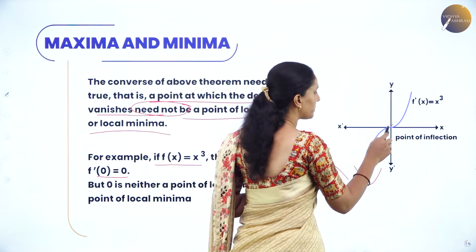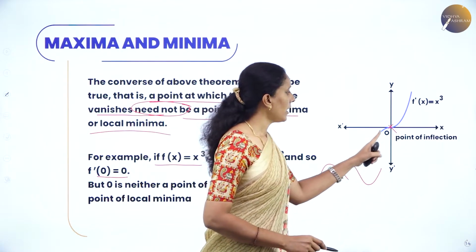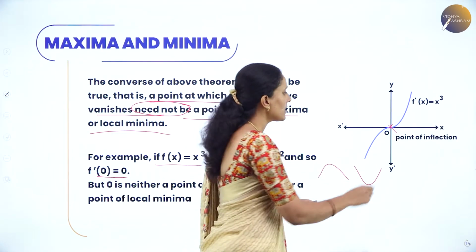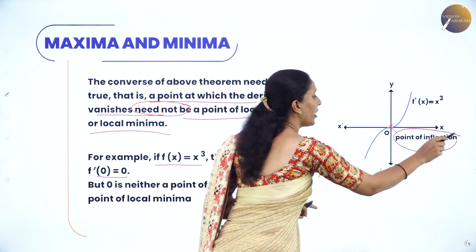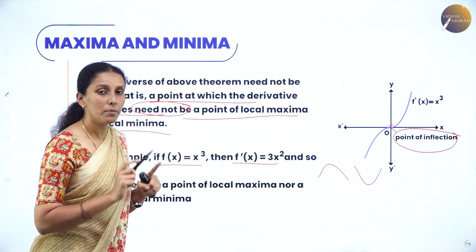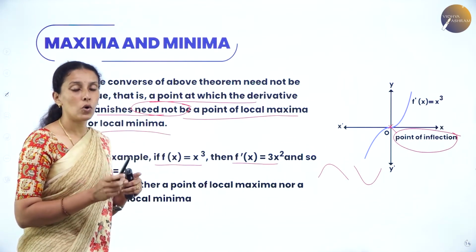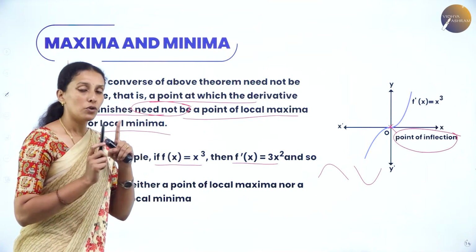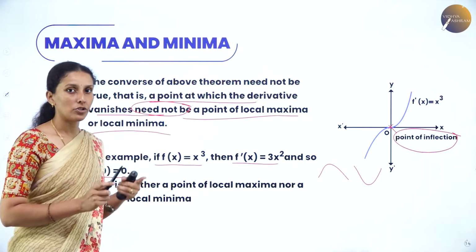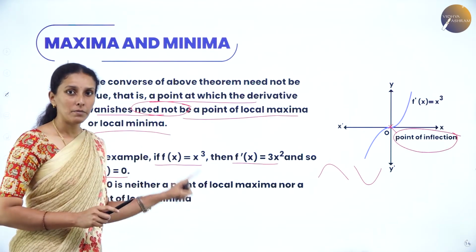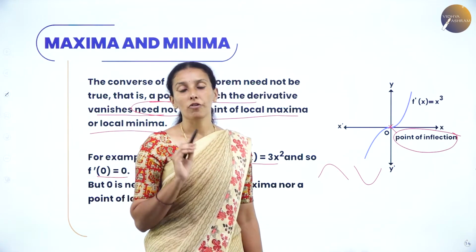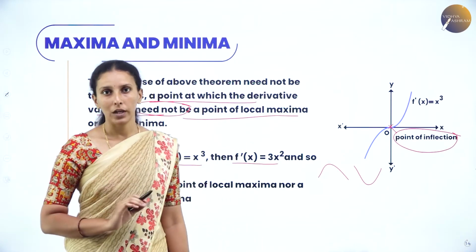But here it is just an increasing function clearly, so it doesn't change its sign. Thus, we call this point a point of inflection. It is not a minima or maxima, or a local minima or local maxima. It is just a point of inflection. So there exists a point of inflection where the derivative can become 0, and the derivative is also 0 at points of local maxima or local minima.